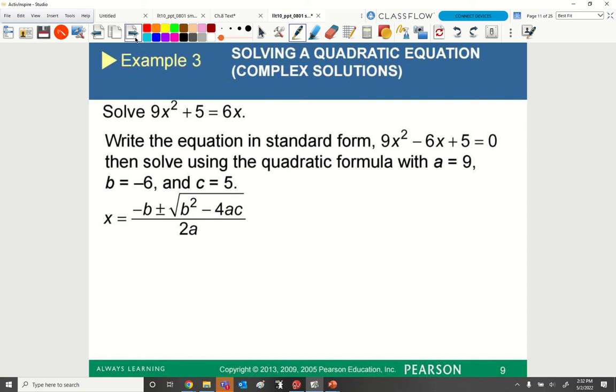No. What do I have to do with that 6x? Very good. I'm going to subtract it from both sides. So I'm going to have 9x squared minus 6x plus 5 equals 0. And now it is in order. So this is A, B, and C. And we're going to plug those in and put it together here.